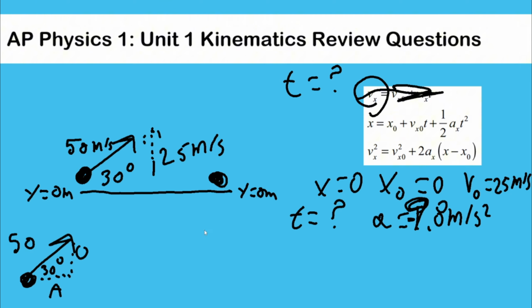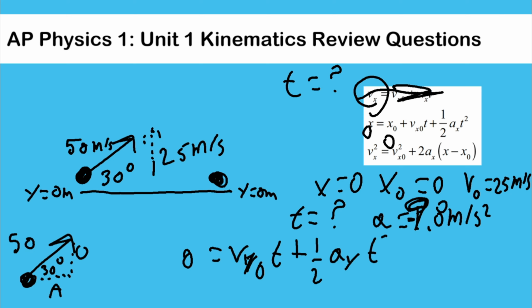By rearranging some variables, we know that these two are 0. So we're left with 0 is equal to Vy initial times time plus 1/2 acceleration due to gravity times time squared. We can factor out a t from this remaining equation.